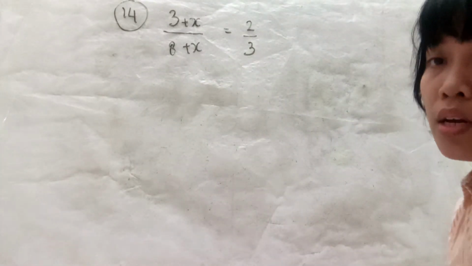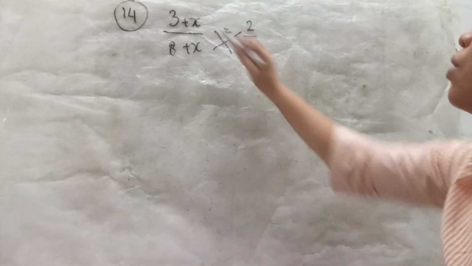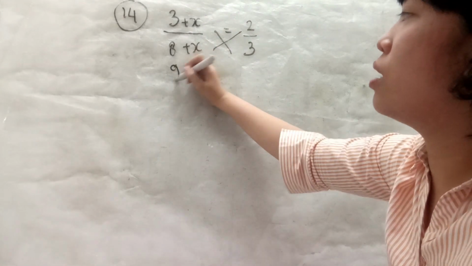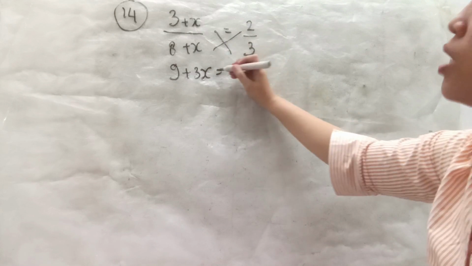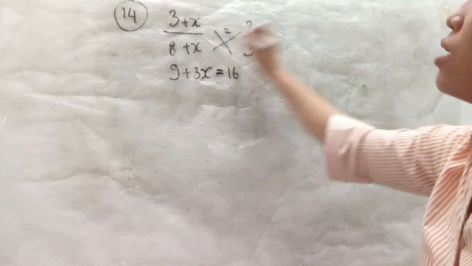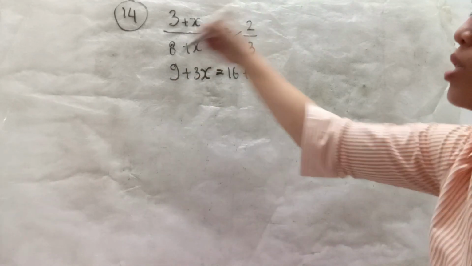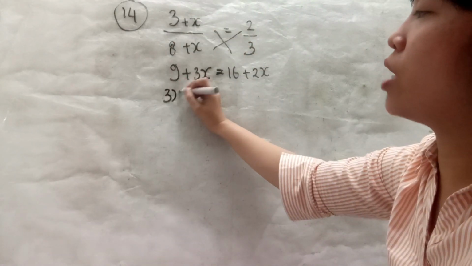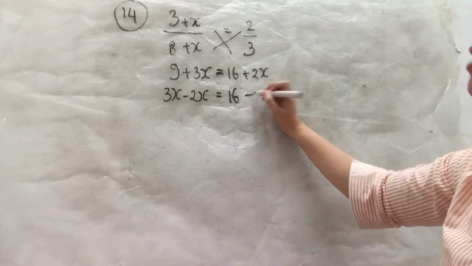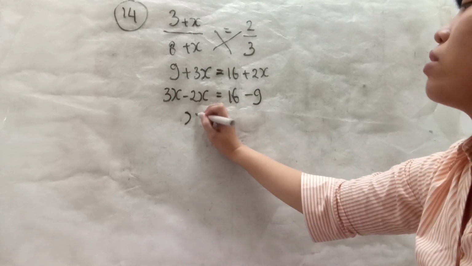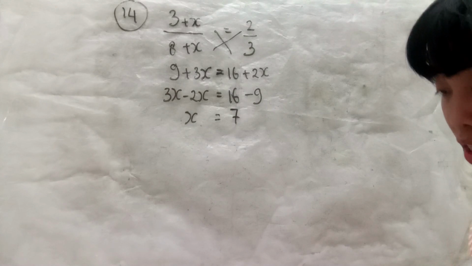I think this is so clear. You just have to cross multiply this. So 3 times 3, 9 plus 3x equal to 8 times 2, 16 plus 2x. So 3x minus 2x equal to 16 minus 9. So it means x equal to 7. This is for number 14.